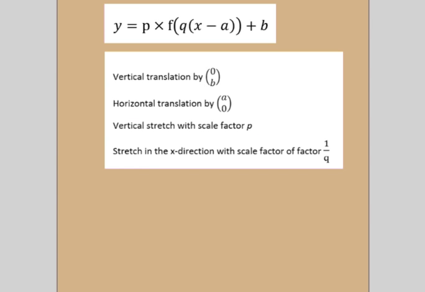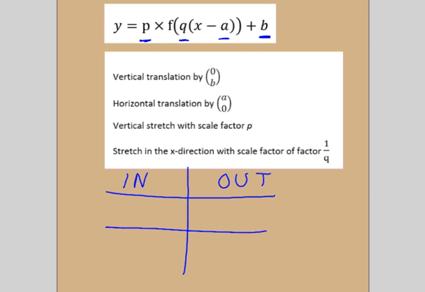Okay, so let's look at the results. What's important is that we don't memorize letters because they could use different letters in the exam. There's a quick way to remember these. If you look at the parameters which were in the brackets and the ones that were outside, well, the ones that were inside are q and a, and the ones that are outside are p and b.